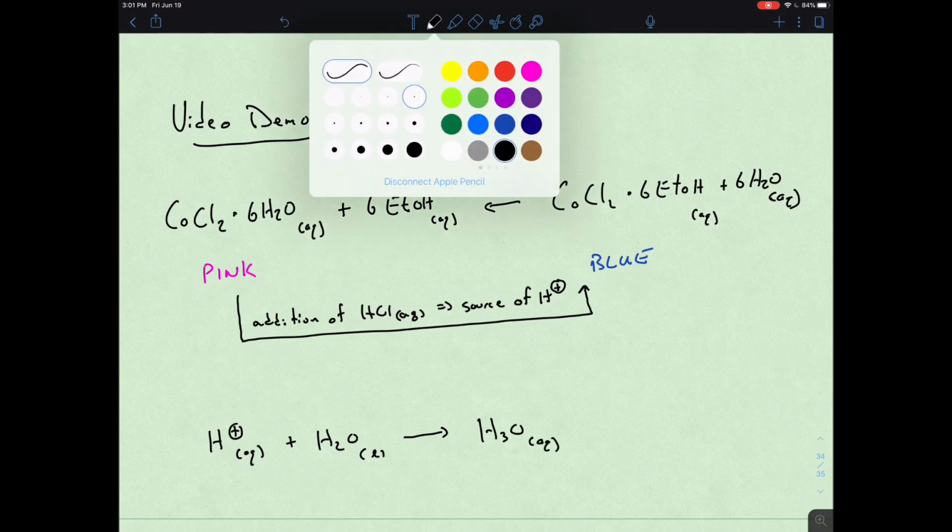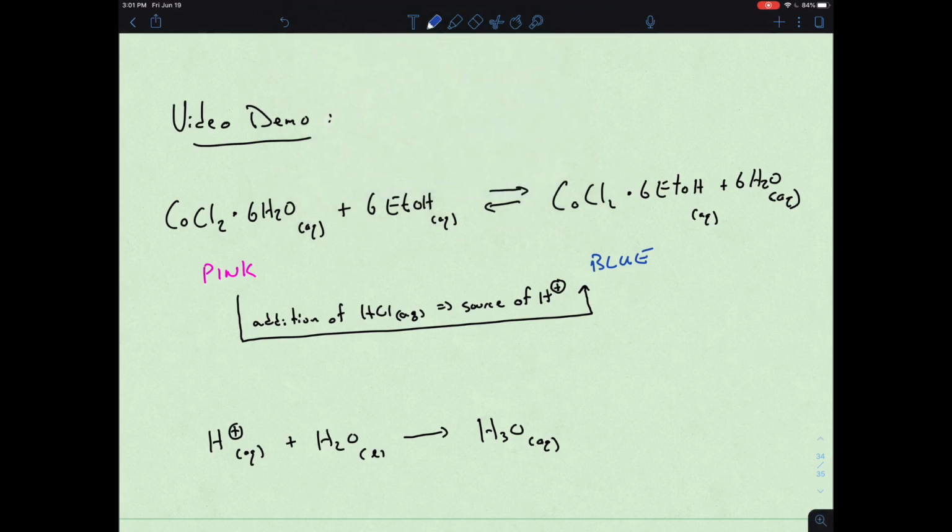So this basically causes the product H2O to decrease in its concentration.